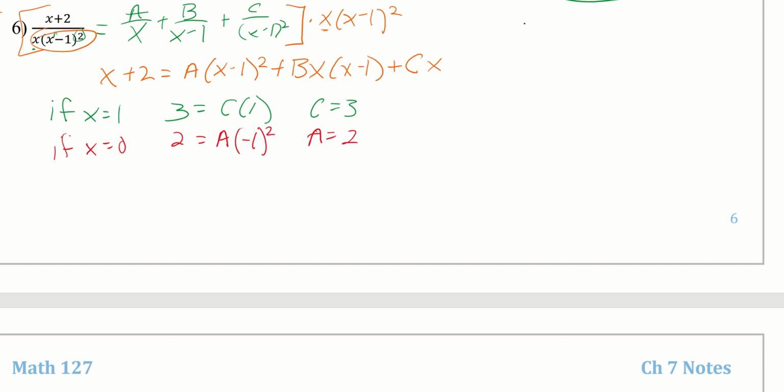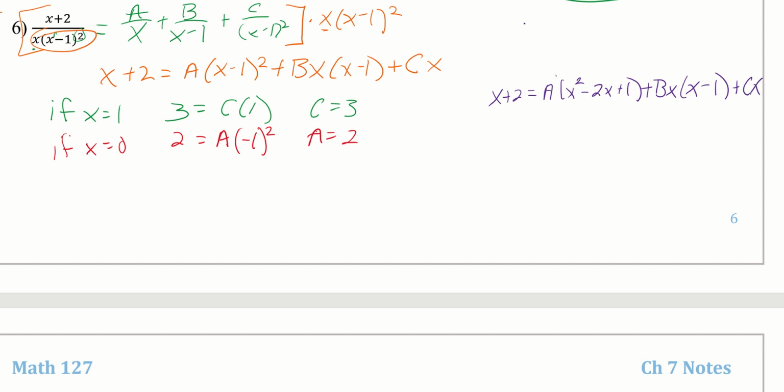Cool. So now what we're going to do is compare all of the x squareds, the x's, and the constants, right? And so what I would do, I'll write it right over here on the side, but I'm going to have x plus 2 equals, now if I FOIL out that x minus 1, I end up with x squared minus 2x plus 1 plus bx times x minus 1 plus cx.